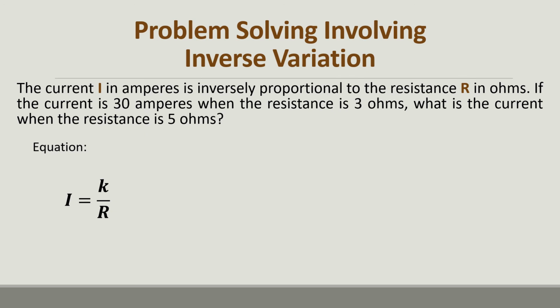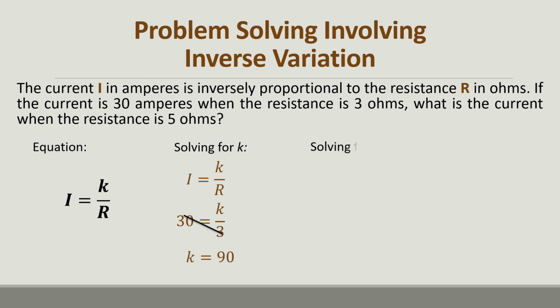And after deriving the equation, we now proceed with solving for K. We write the equation once again and we substitute the values. For I, we have 30 and for R, we have 3. So then from here, we cross multiply 30 times 3. So that will give us 90 for K.